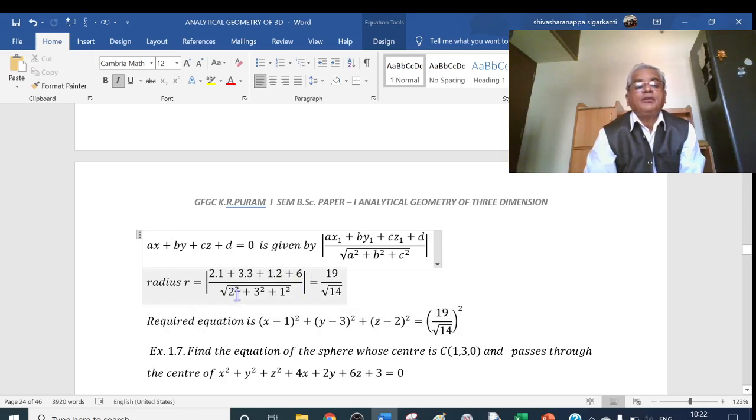Divided by root of (4 plus 9 is 13, plus 1 is 14). So 19 by root of 14.